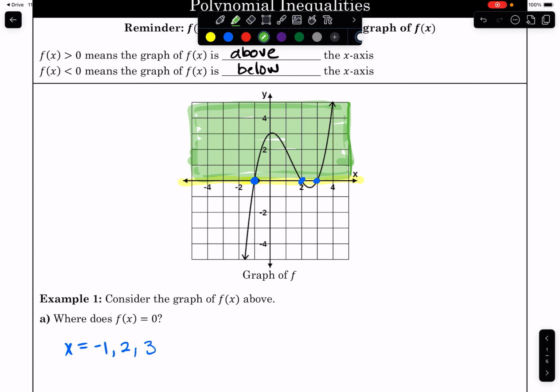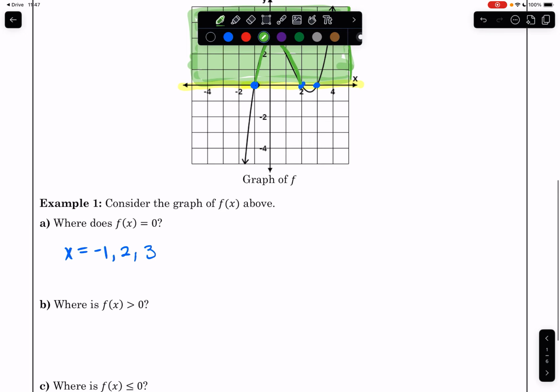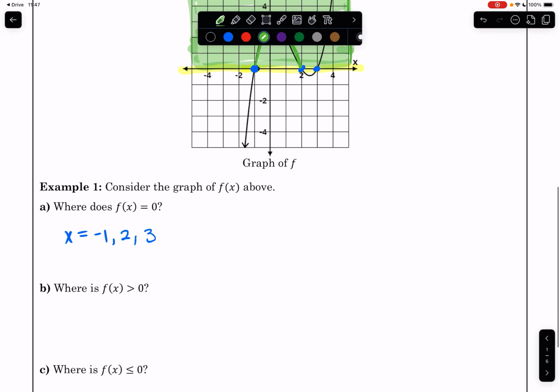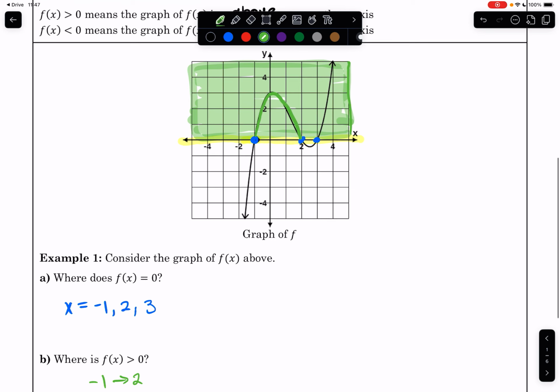So where is this graph greater than 0? That occurs from here to there. Since we're looking for the intervals of x values, that's going to occur from the x value of -1 to the x value of 2. Notice that the graph I just highlighted in green is above the x-axis from this point to that point, where the x value is -1 and the x value is 2.